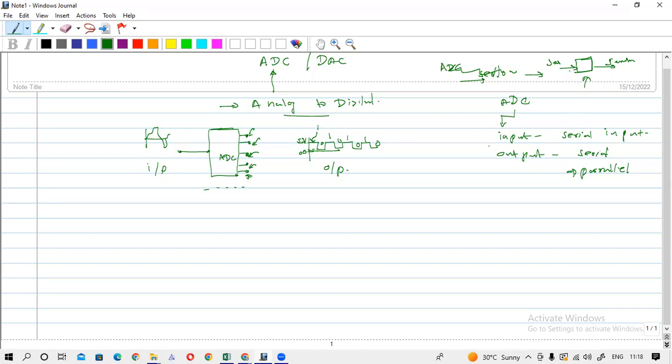Parallel means I am referring to the output. Anyway, the intermediate step should be parallel, because we need to get some bits, high or low voltage values, at these pins. The serial to parallel implementation is easy and we can understand it very well, so we will first focus on this one: the parallel output ADC.